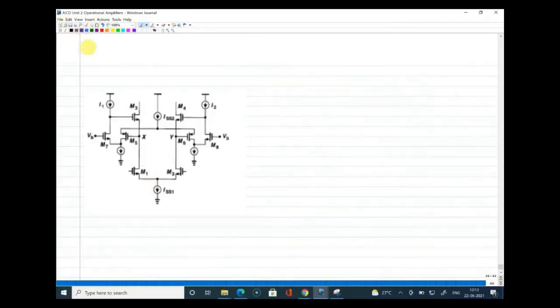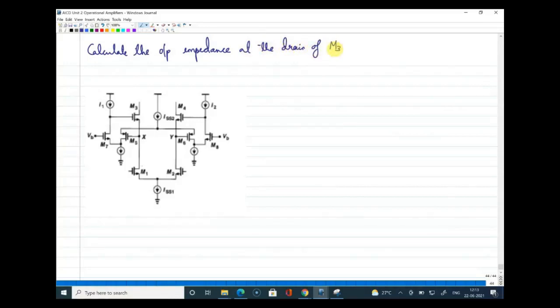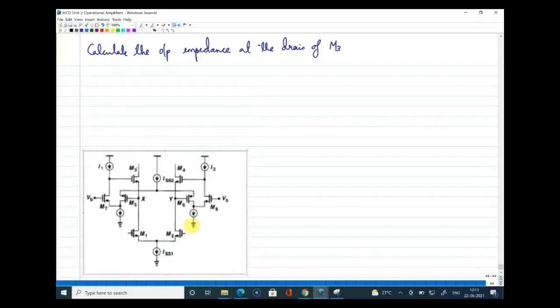The question here is, calculate the output impedance at the drain of M3. Where is M3? Can you see the M3 device? Yeah, M3 is this. The question is, find the output impedance at the drain of this device. So for clarity, this is M3.